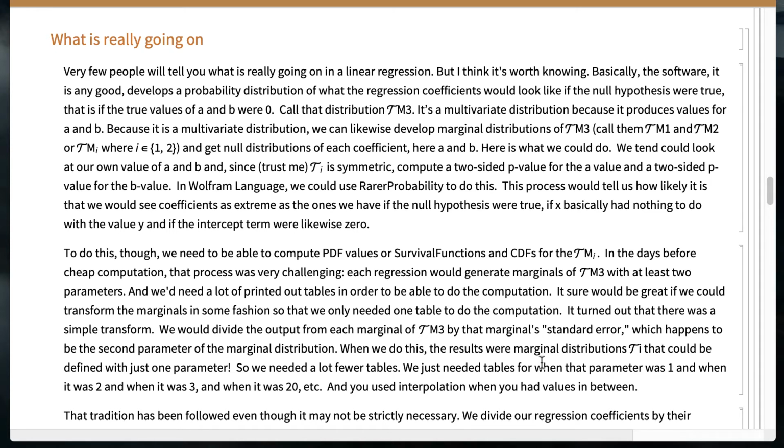When you do that, you get another distribution, T sub I, not TM sub I, that can be defined with just one parameter, not 3, just 1. And so you need a lot fewer tables. You just need a table for when that parameter is 1, and when it's 2, and when it's 3, and when it's 20. And if you have a 17, you might use some interpolation, and sort of take an average of, well, what would it be if T were 15, and what would it be if T were 20?